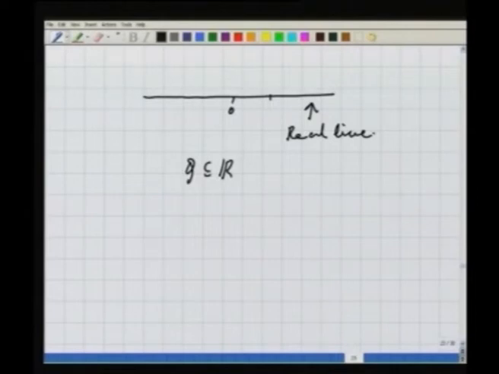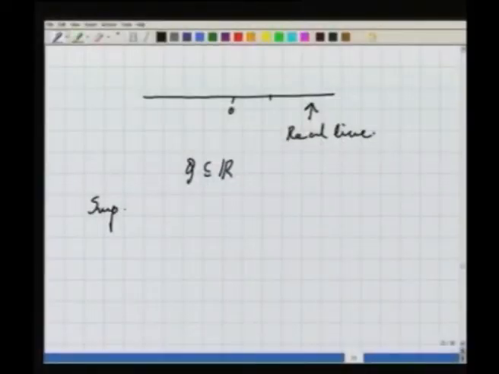Now, the second thing, the most fundamental about this real line, was the supremum axiom. Sometimes this is also called the completeness axiom.